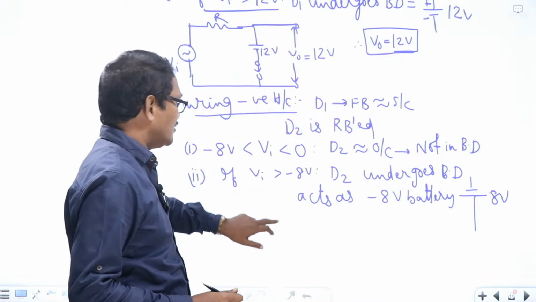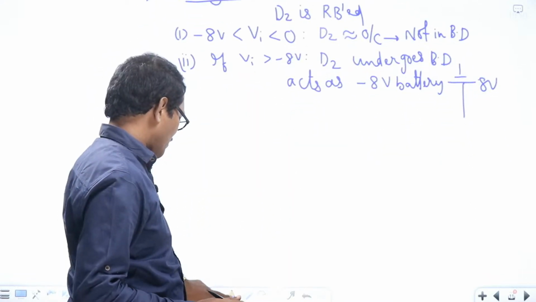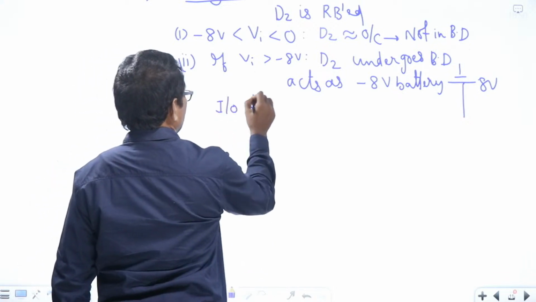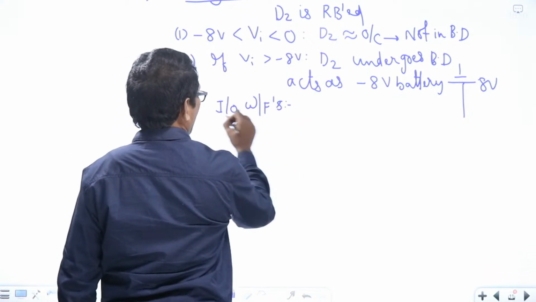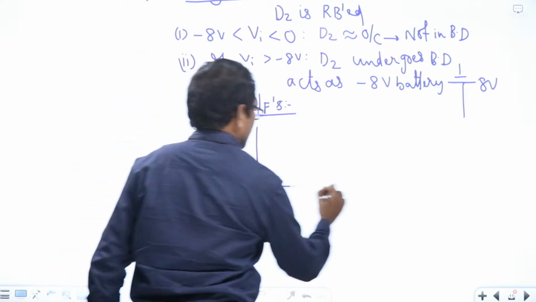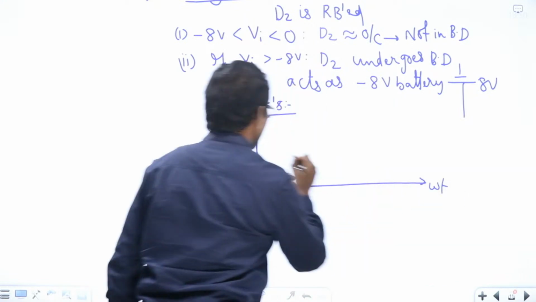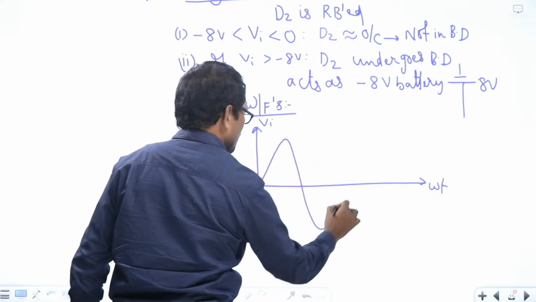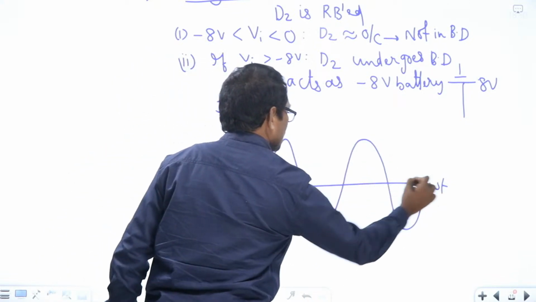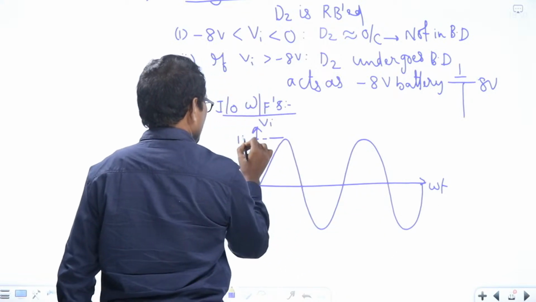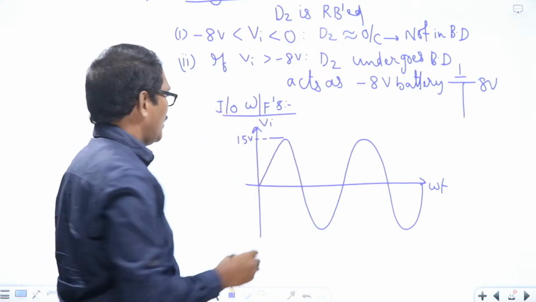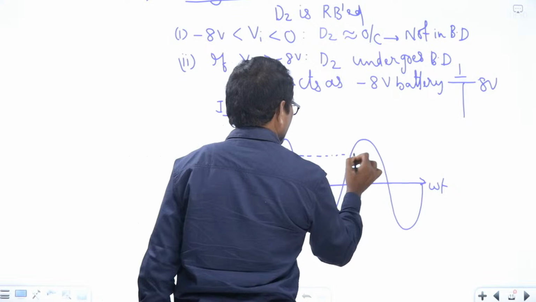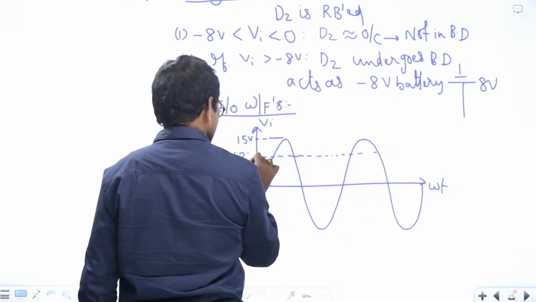Now I will draw the input-output waveforms corresponding to this. This is omega t, and this is VI. The positive peak of the input voltage is 15 volts, that is given in the problem. During the positive half cycle, it is said to be saturated at 12 volts.